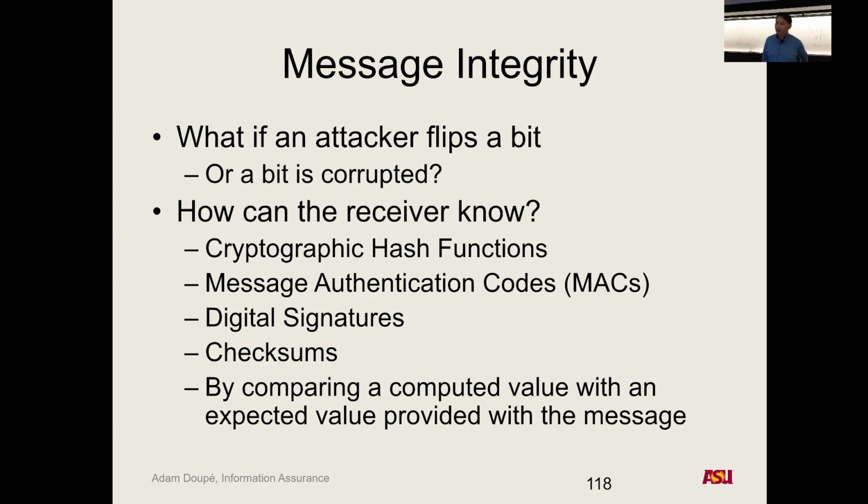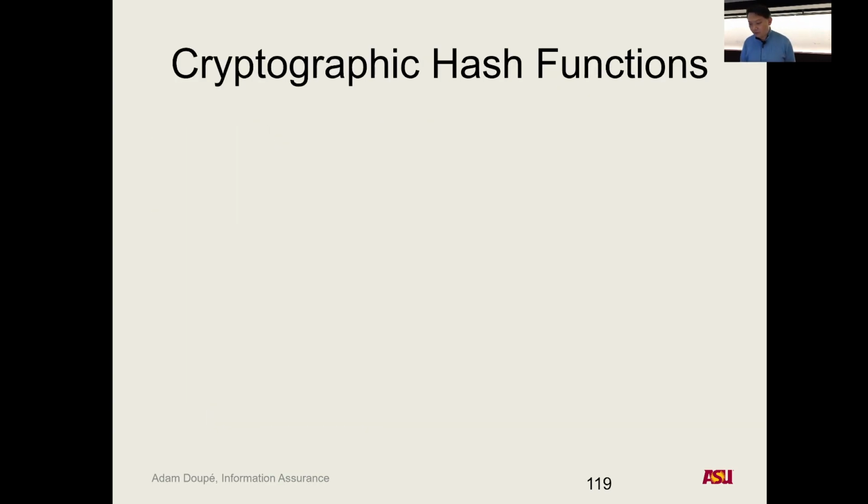So by comparing like this, commonly they compute some value and compare it with the expected value provided with the message. This is how the receiver can be convinced this is the perfect, 100% original message. A cryptographic hash function is like a specific math formula.